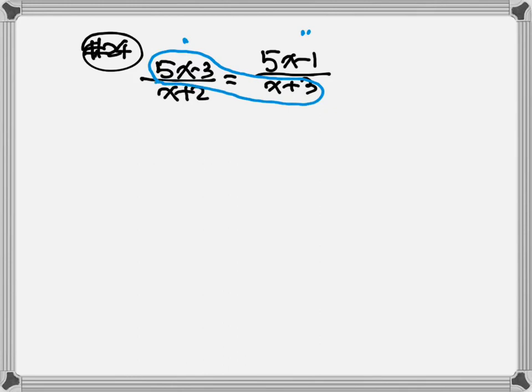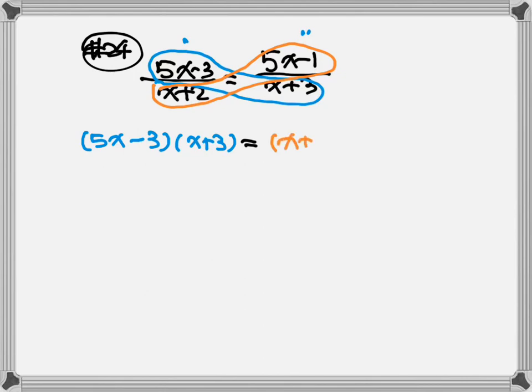So multiply diagonally. So this becomes 5x minus 3 times x plus 3 equal to x plus 2 times 5x minus 1. After that, on each side we are going to use the FOIL method to multiply.